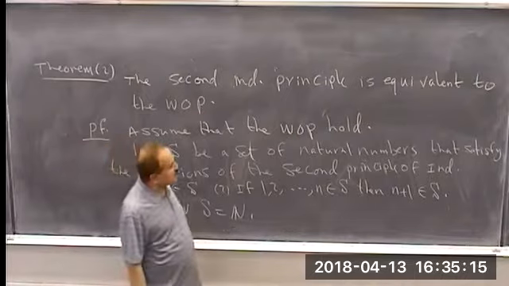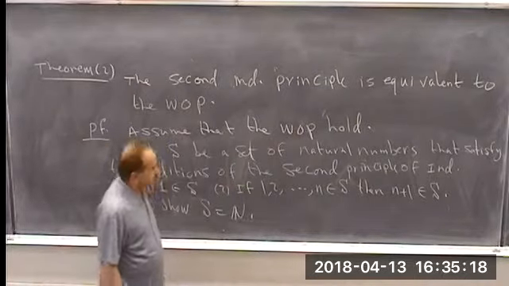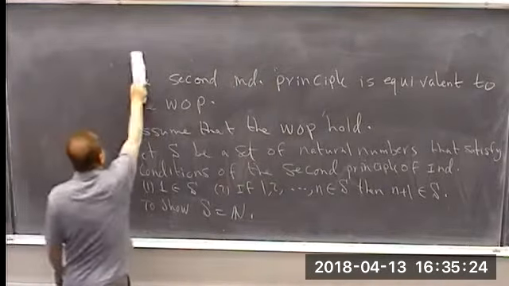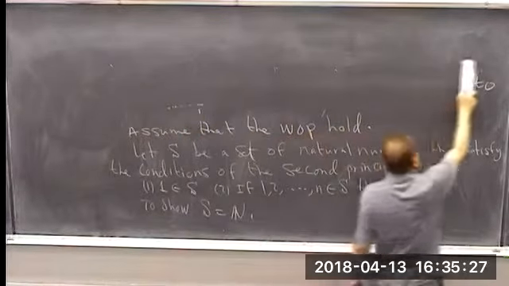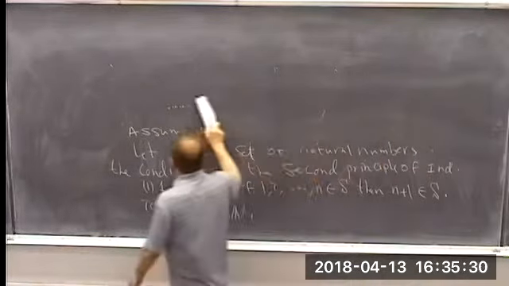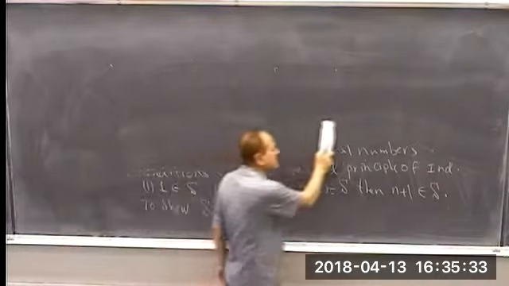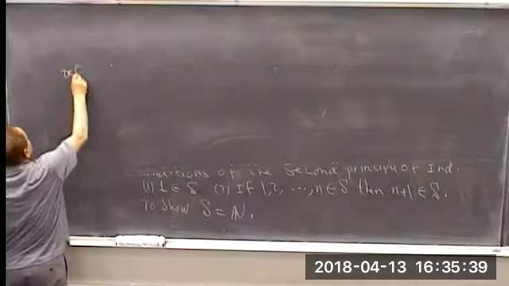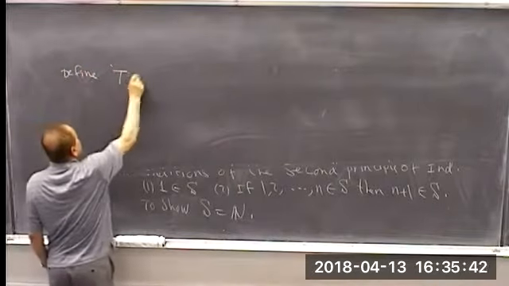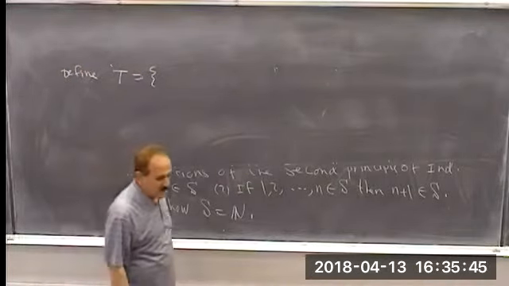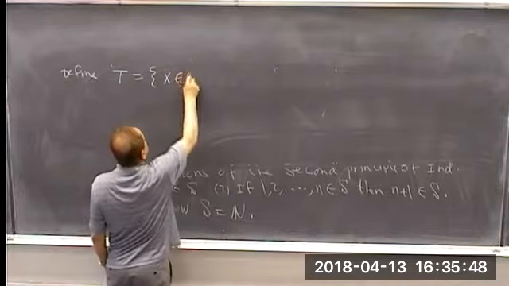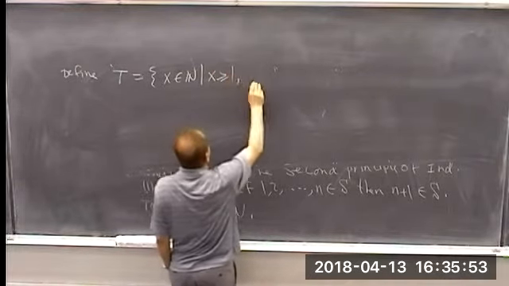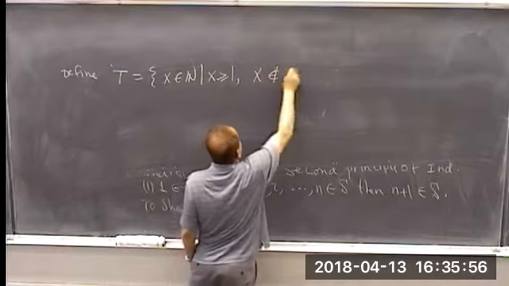Once again, similar to what we've done earlier, we're going to define another set, which is the complement of S, those elements that do not satisfy these conditions, basically. So we write it down. So we're going to define T to consist of elements x in N, natural numbers, x bigger than or equal to 1, just for emphasis, and x is not in S.